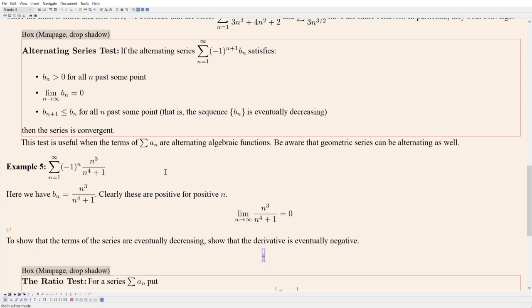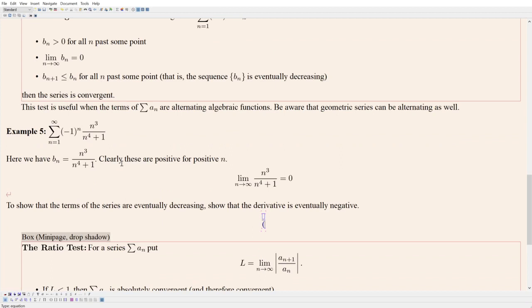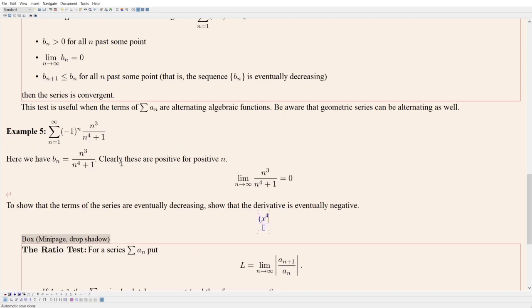Okay, so we're doing the quotient rule. So low d high minus high d low over low squared. I changed n to x just because taking derivatives with n's makes me nervous.